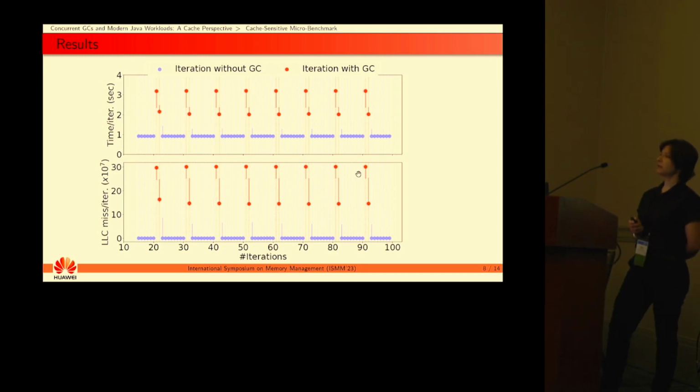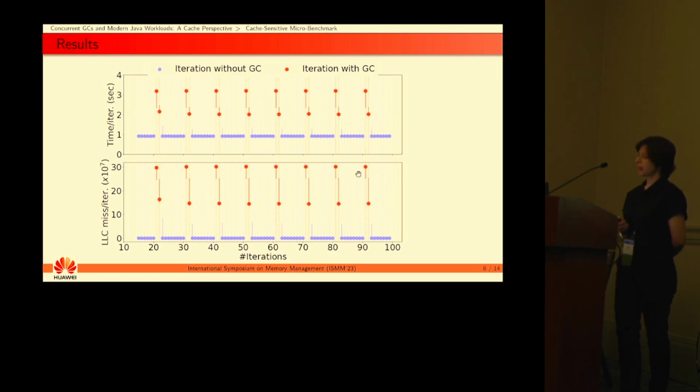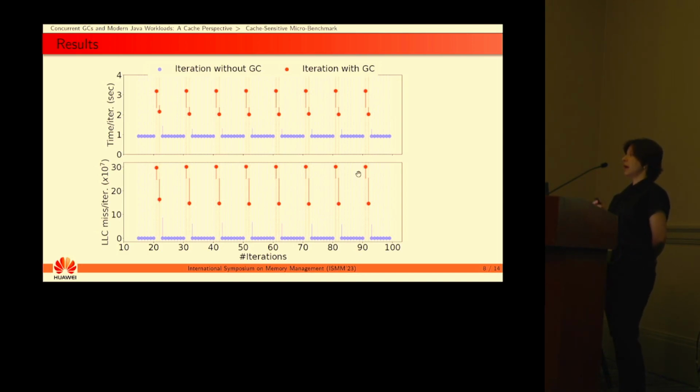For this experiment, we run 11 JVM runs, and each time 100 iterations of the micro benchmark. We discard the results of the first 15 iterations, in order for the JVM to stabilize and have stable results.